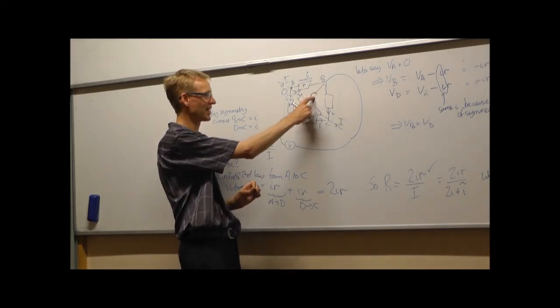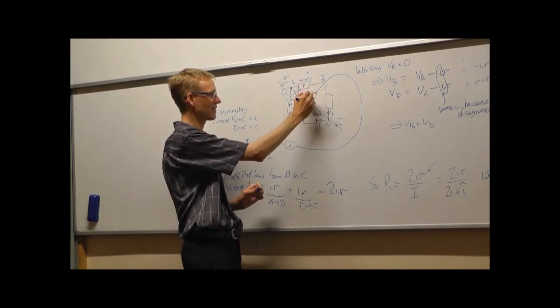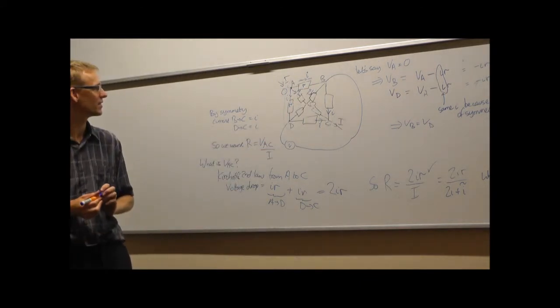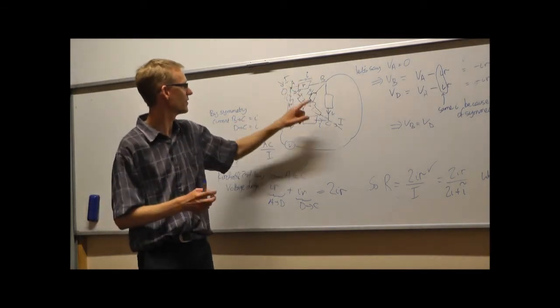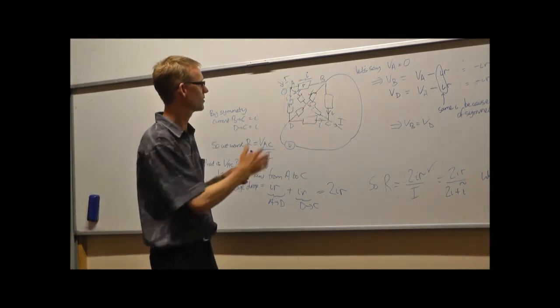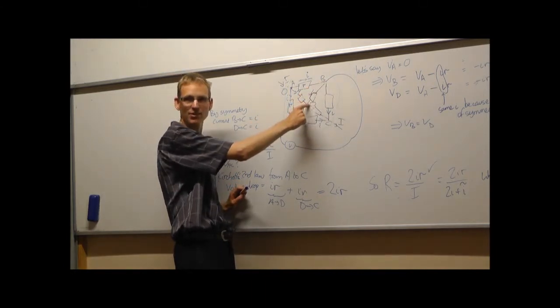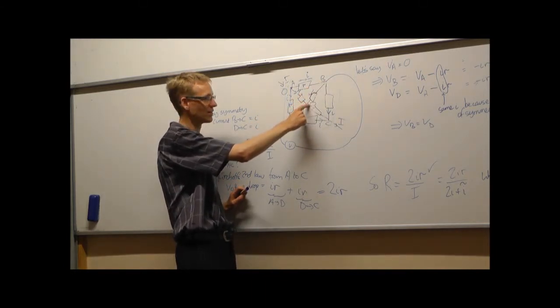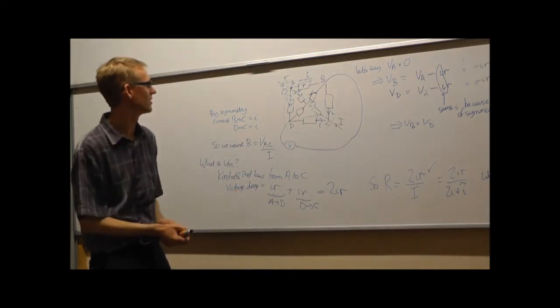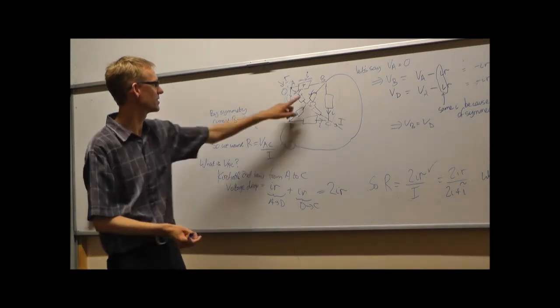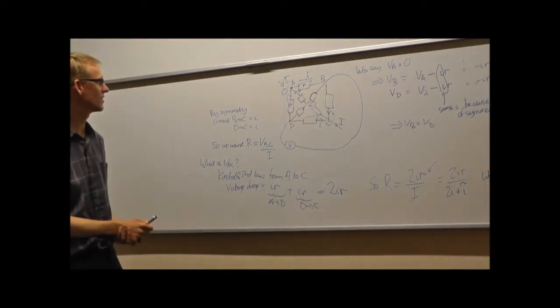These resistors here: does the current flow that way or that way through those resistors? If it were to flow that way, you're saying that this potential is greater than that potential. But is that right? Why are we saying it's living at 0 in the middle? It's the same.